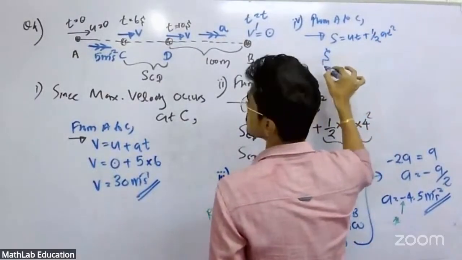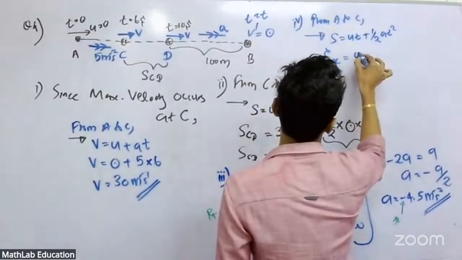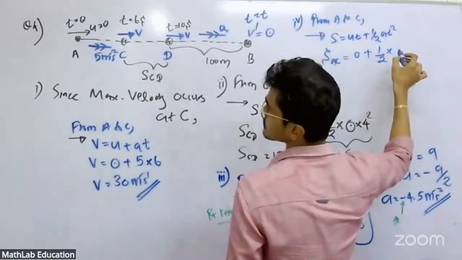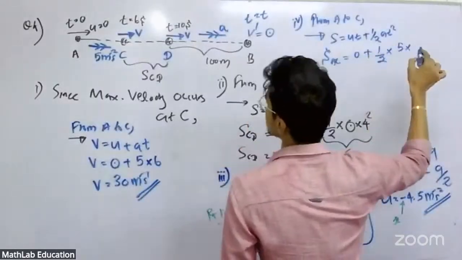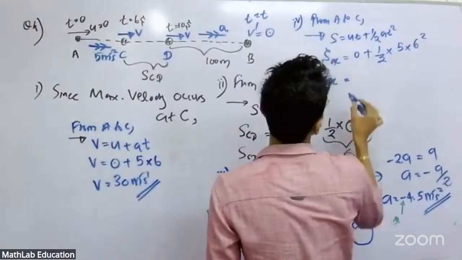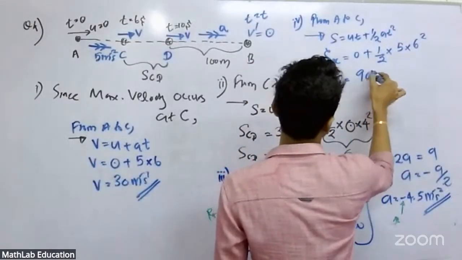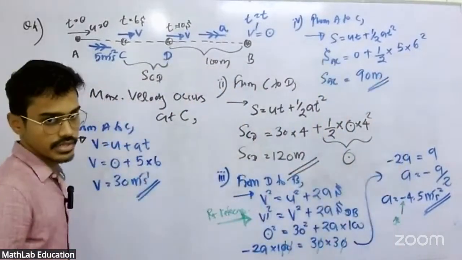S is S from A to C. U is 0, so this part becomes 0. Half the acceleration is 5, and t squared is 6 squared. Simplify this. S equals 90 meters.